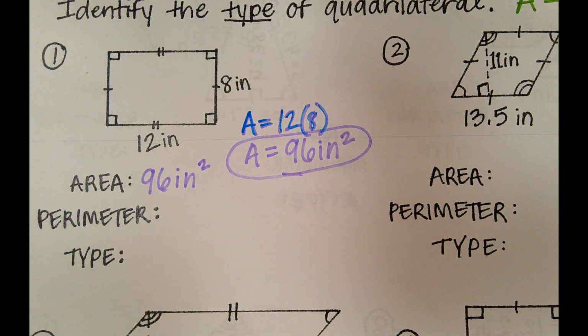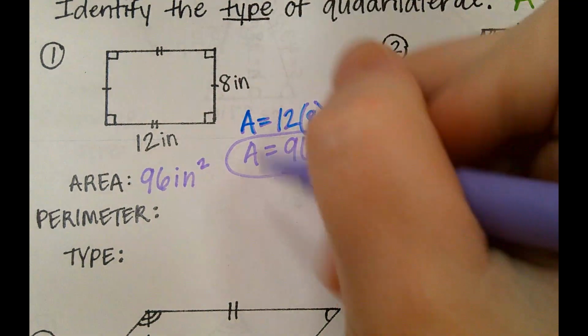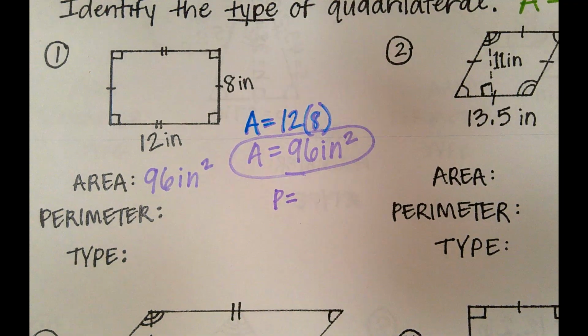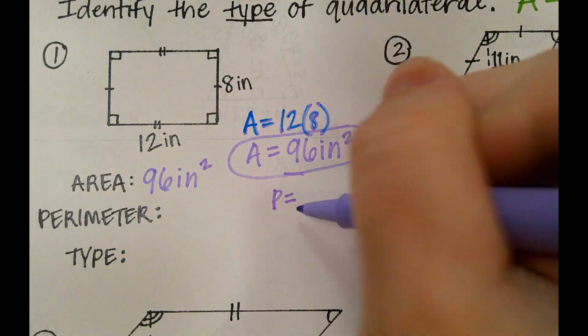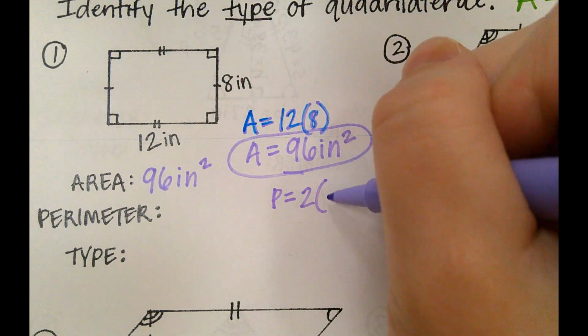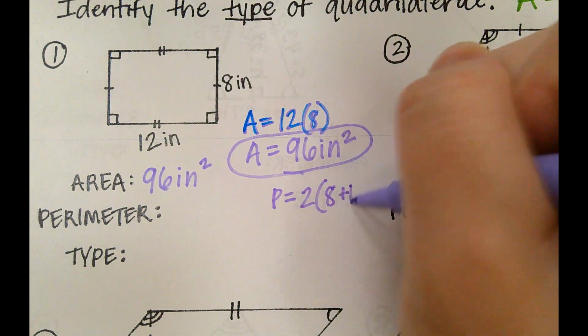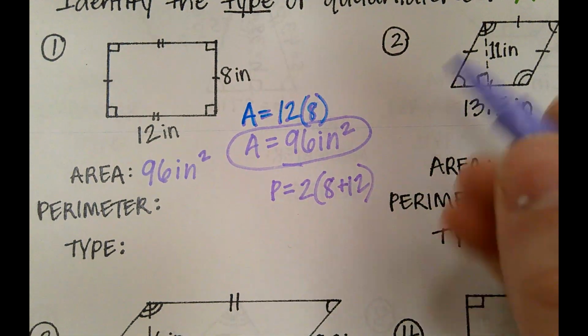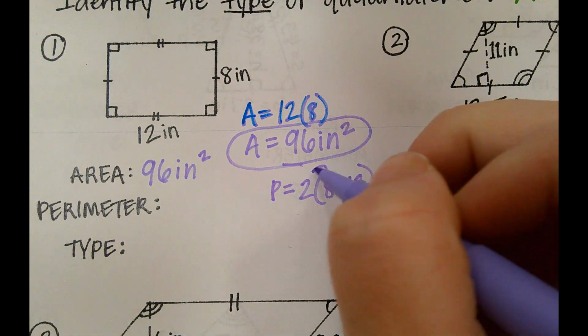And how would I find my perimeter? 2 in parentheses 8 plus 12. Yes, 2 times the quantity of 8 plus 12. So we're kind of distributing there.